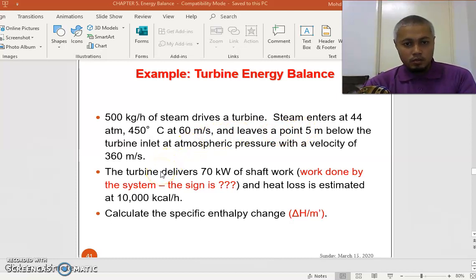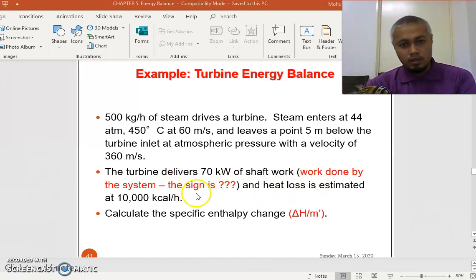Next we have the shaft work value of 70 kilowatt, and the question says the turbine delivers work, meaning the turbine did work on the surroundings, or work done by the system. So the sign will be negative, right? Because the work is done by the system to the surroundings.